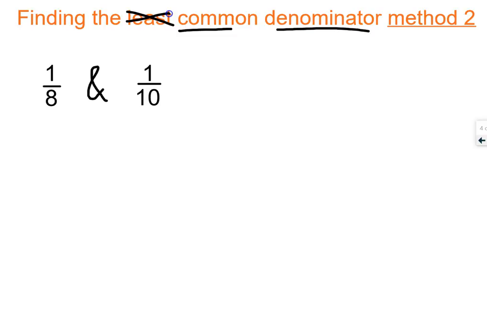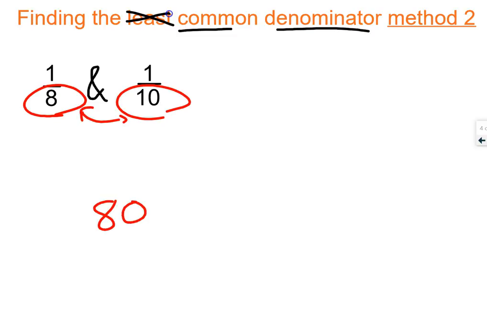So, doing the same process with the same fractions, we have 1/8 and 1/10. To find a common denominator, quite easily, all you need to do is multiply the bottom numbers. Take the denominators and just find their product. 8 times 10 is 80. So 80 we know is going to be a common denominator for both.